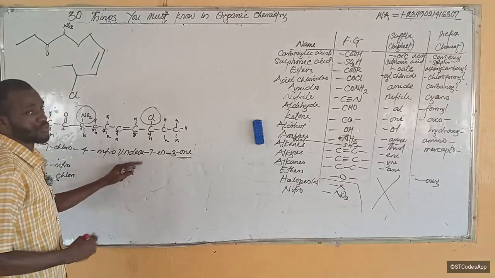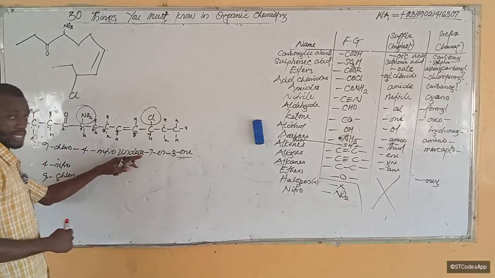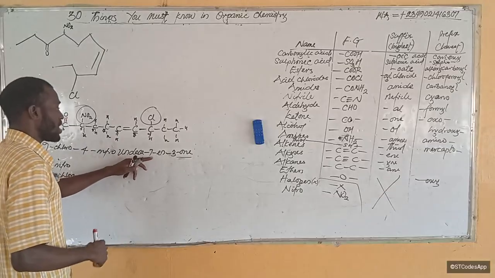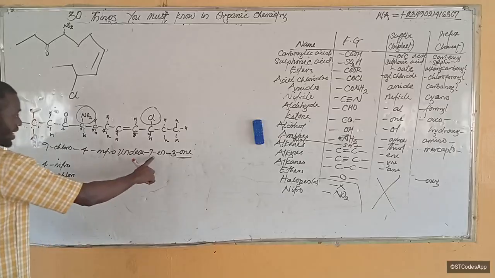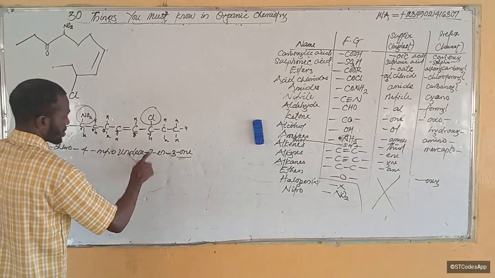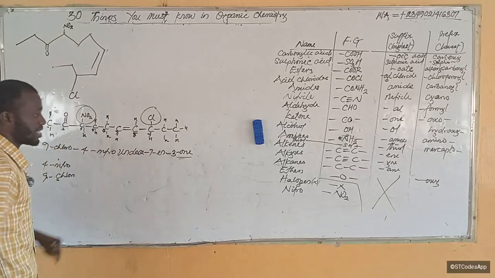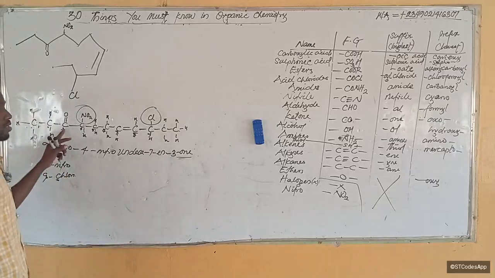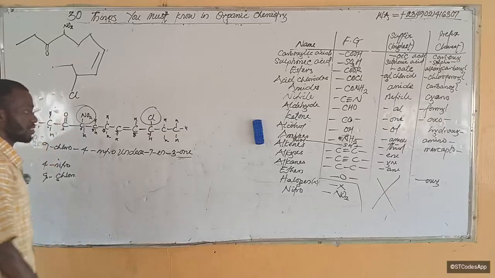The R here is just for pronunciation so that it makes sense. The 7-en shows us that the double bond is on carbon 7, and 3-one shows us that the carbonyl group is on carbon 3.